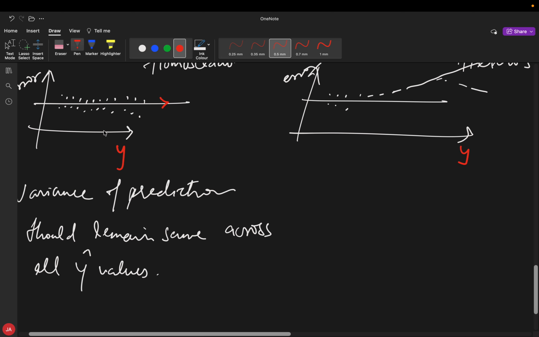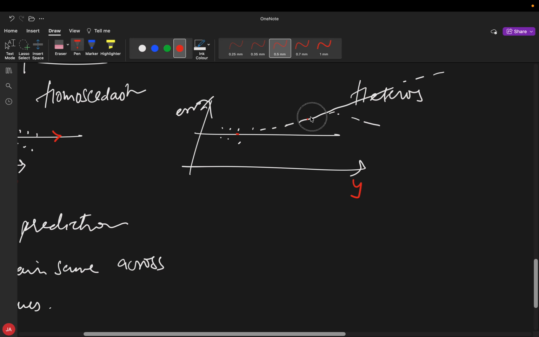The variance should be the same. But if there is a visible pattern, like a slope that is increasing, that is called heteroscedasticity, which means as my y increases, my error increases. So for higher values of y, my model is making high errors.